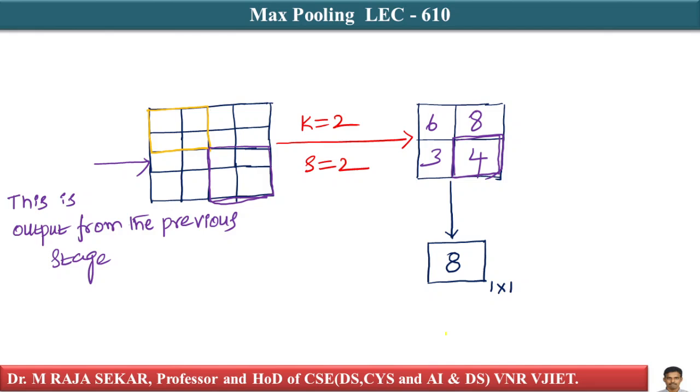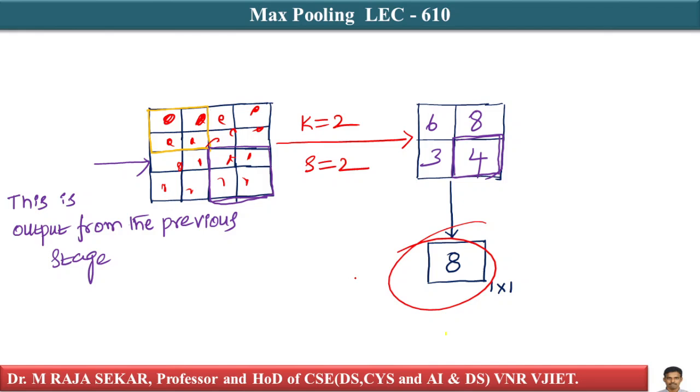So if there is an edge anywhere in this 4 by 4, by just doing 2 levels of max pooling, whether the edge is anywhere in these 16 pixels, that's important, this value 8 will always be high. This value will be high if there is an edge in any of the 16 pixels.